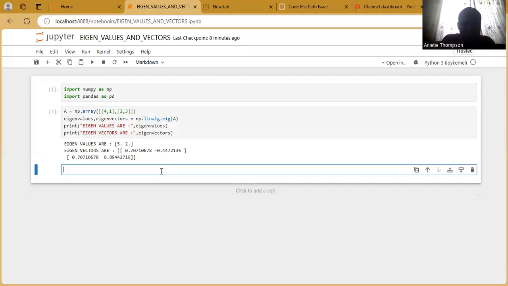I want to create an inverse of the matrix using these eigenvalues and eigenvectors. The only thing I need is numpy.